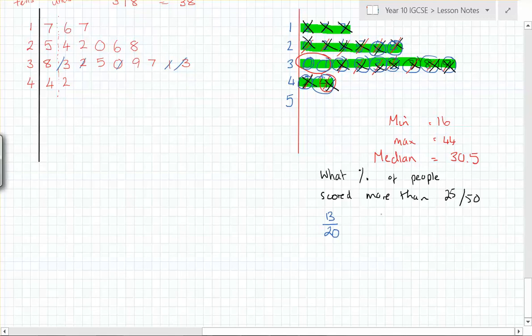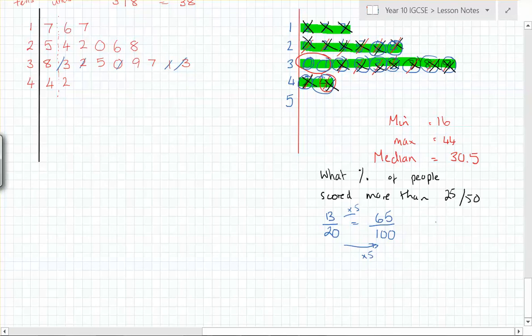How do we do it? Remember, Grant? You do 13 divided by 20 times 100 is one way. Another way to do it is to say if it's 13 out of 20, and I put it over 100, what would it be? So times 5. 13 times 5 is 65. 65 over 100.